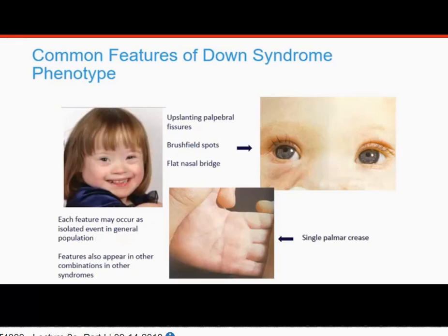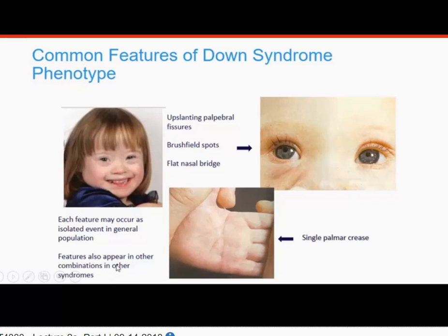The phenotype of not only Down syndrome, but the other syndromes that we'll talk about, consists of features seen in the general population, often in isolation, but they come together in the patient with Down syndrome or trisomy 18 to form that phenotype. Each feature can occur as an isolated event in the general population.